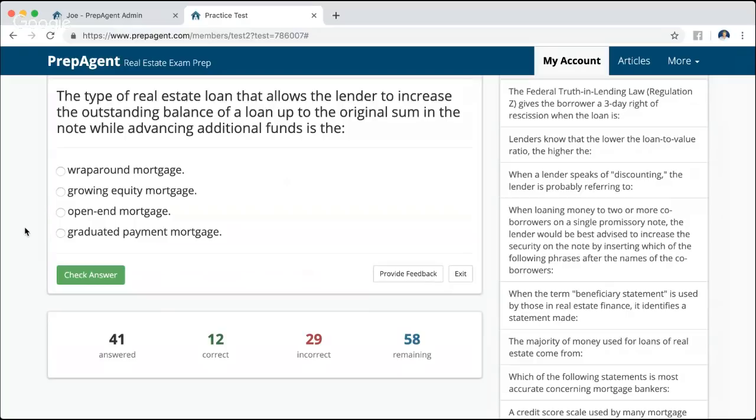Okay, the type of real estate loan that allows the lender to increase the outstanding balance of the loan up to the original sum in the note while advancing additional funds is the A, wraparound mortgage, B, growing equity mortgage, C, open-end mortgage, or D, graduate payment mortgage.